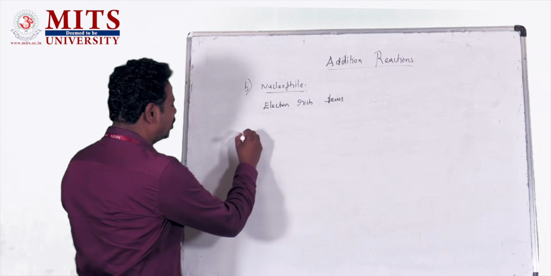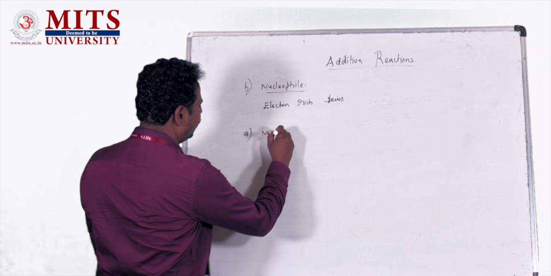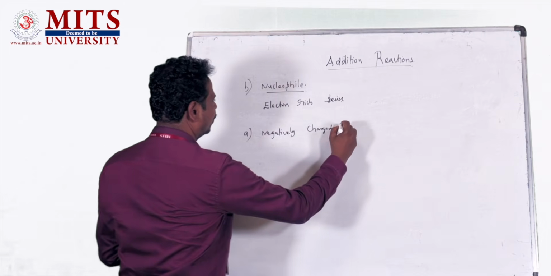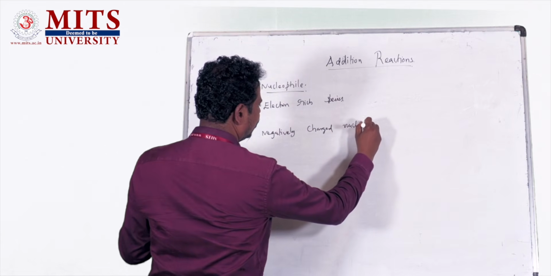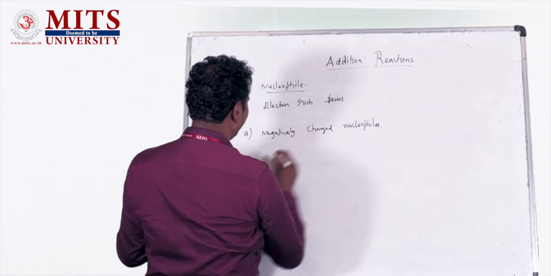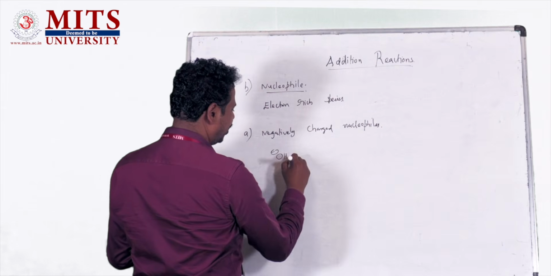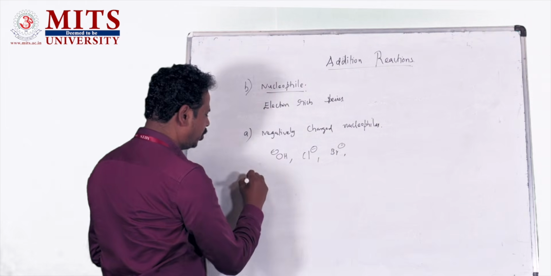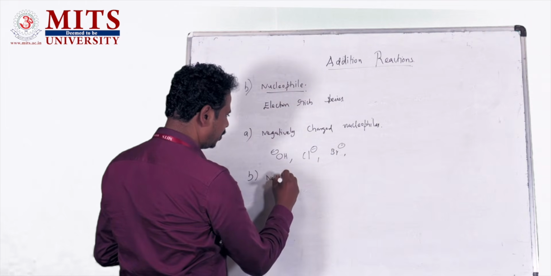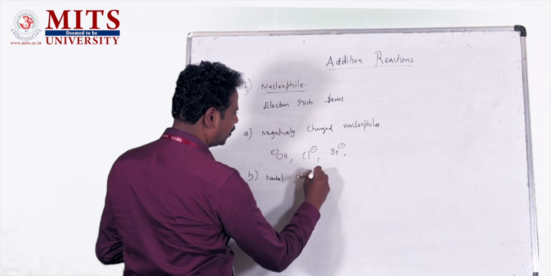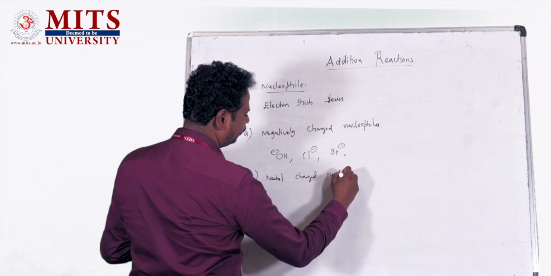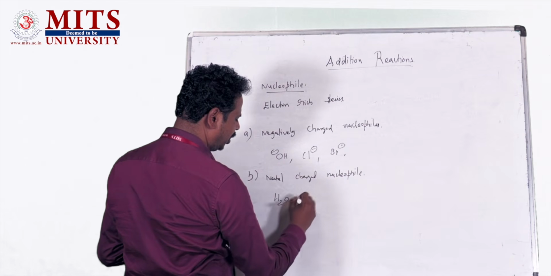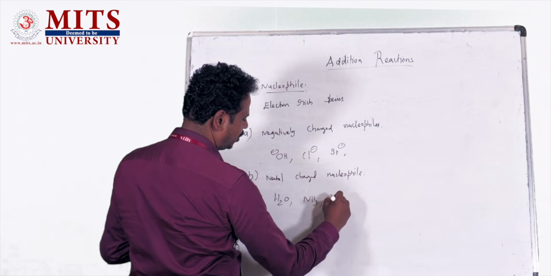The first one is negatively charged nucleophiles. For example, OH minus, Cl minus, and Br minus. And then neutral charged nucleophiles, for example, water, ammonia, and H2S.